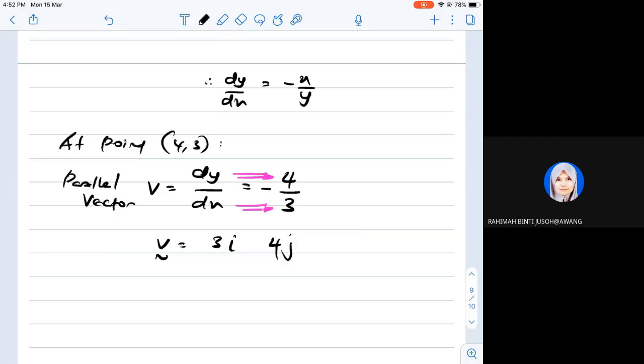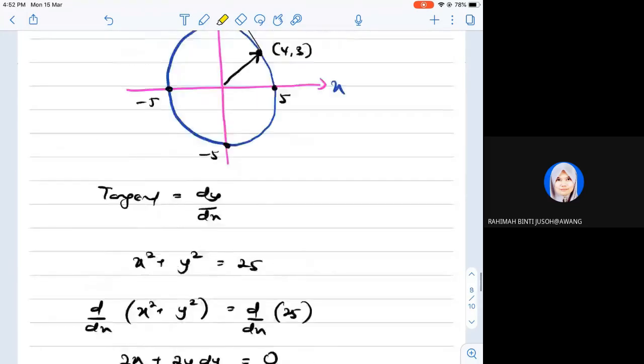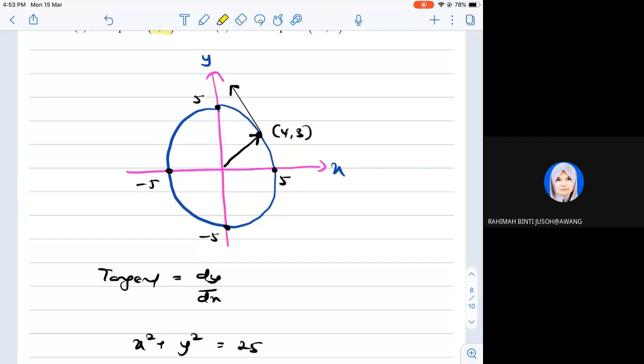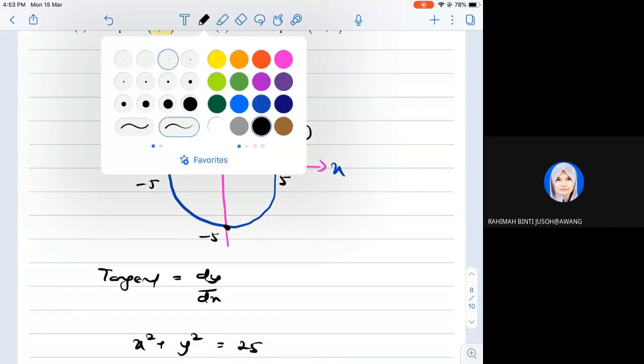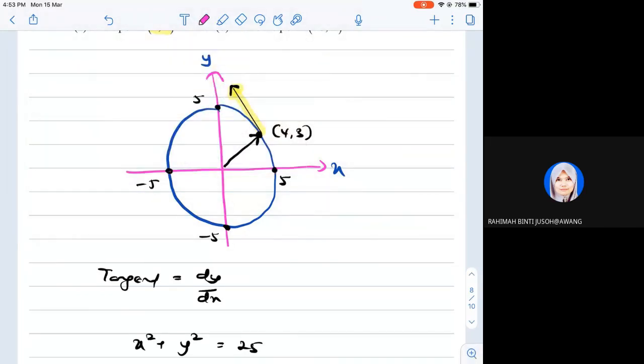The question now is where we should put this negative, on i or on j. Now look here at this vector. In order to form this vector, where do we have to move first, guys? Should I move to the right or left?